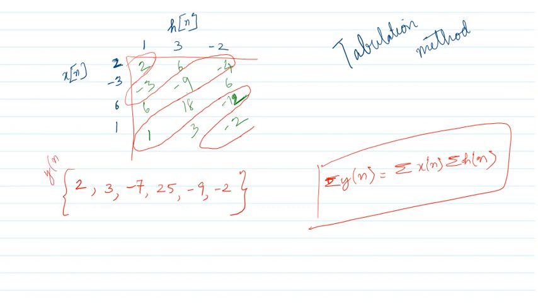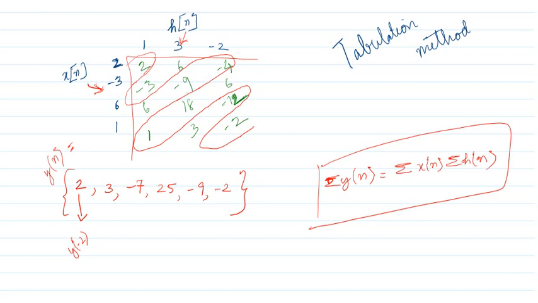Now, where will the 0 be? What is the range of n values? Here again we have to use common sense. x of 0 is here, this is my x of 0 point, and this is my h of 0 point. So this is x of minus 1, this is h of minus 1, so this should be y of minus 2. Similarly, come to the positive maximum value.